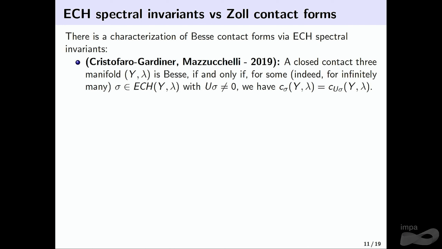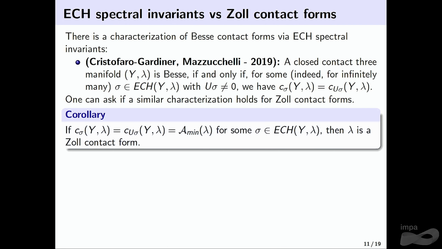One can ask if you can do something similar for Zoll contact forms. Zoll means all the trajectories are closed and have the same period, and Besse just means that all the trajectories are closed.